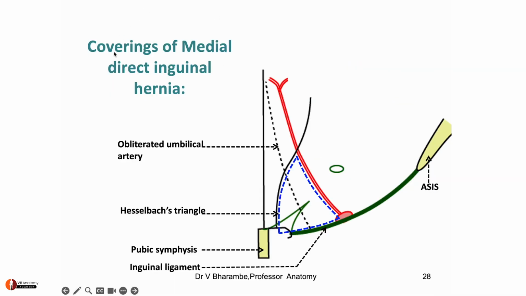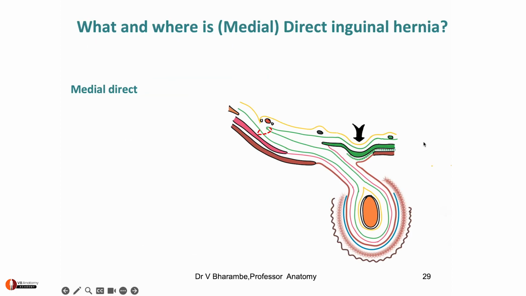Coverings of medial direct inguinal hernia. That means we are expecting our hernia to come out through this gap. Medial direct is here, between the median and medial umbilical folds, the medial supravesical fossa.